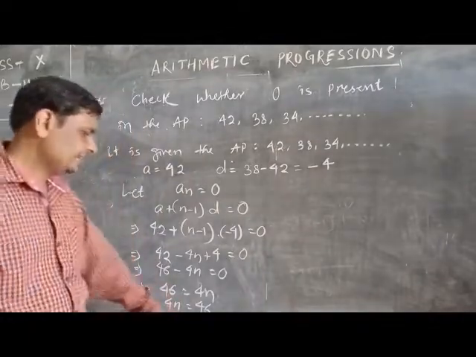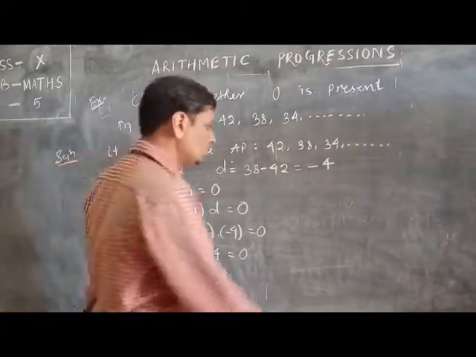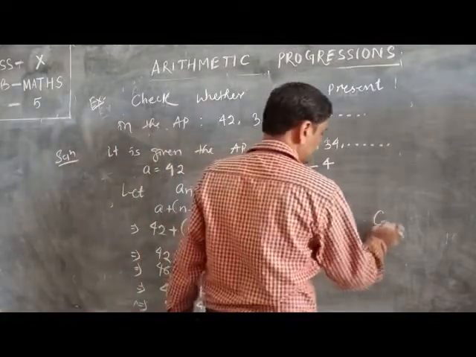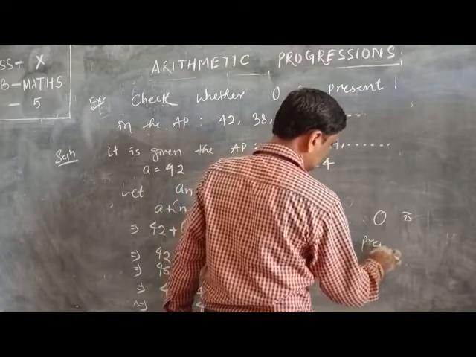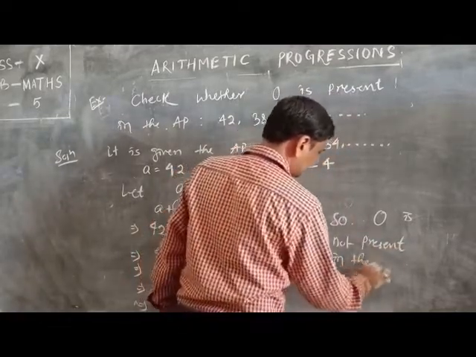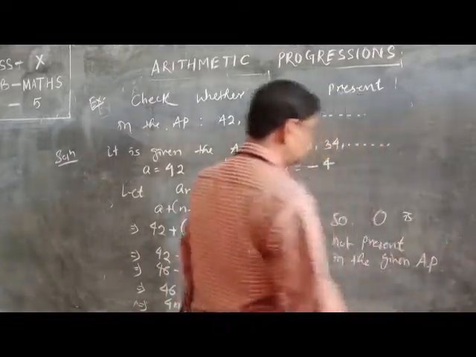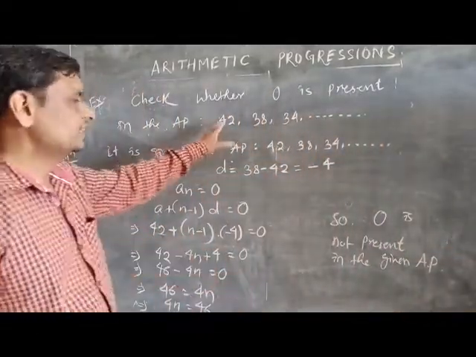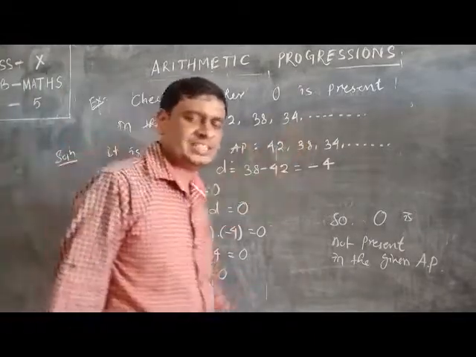Since 11.5, that is the value of n, is not a counting number, 0 is not present in the given AP. So 0 is not any term of the AP which is given here.